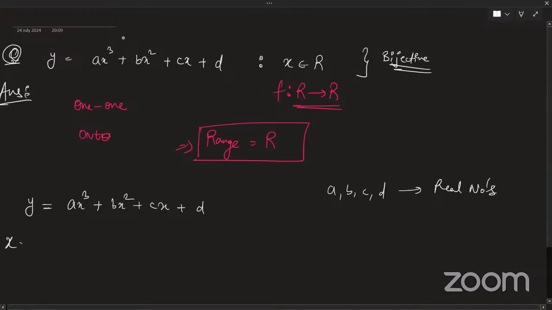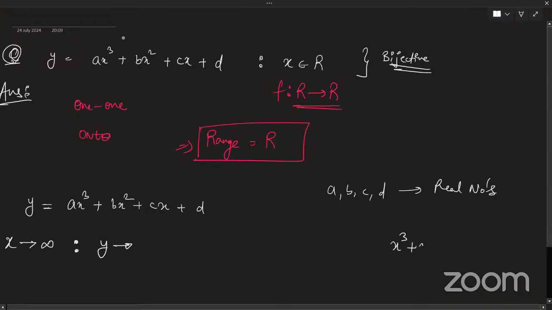If I am putting a very huge value in place of x, if x is tending to infinity, tell me what will my value of y tend to? Minus infinity.